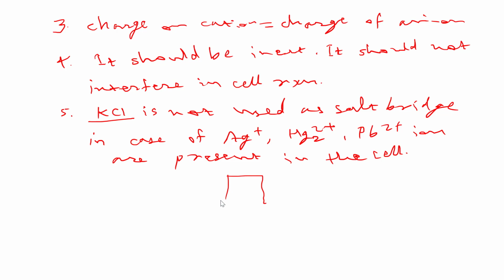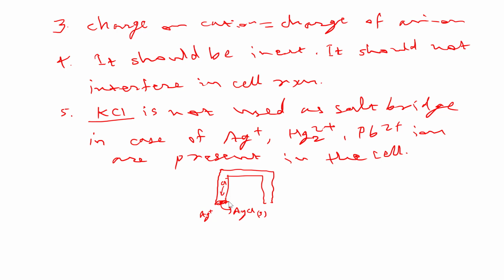Actually, what is happening is this: in the salt bridge we are taking Cl minus ion, and if Ag plus ion is present in the electrolyte, Cl minus is coming here and Ag plus is present there. So they meet at the mouth of the salt bridge, and AgCl precipitate forms and blocks the mouth of the salt bridge.